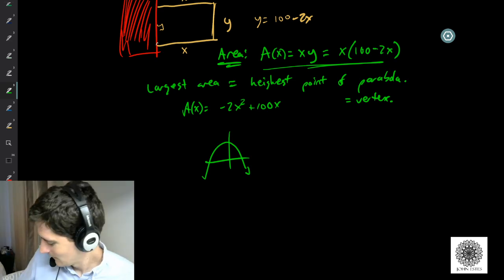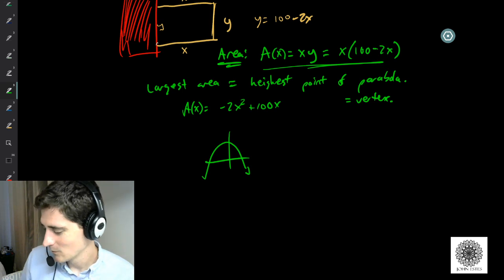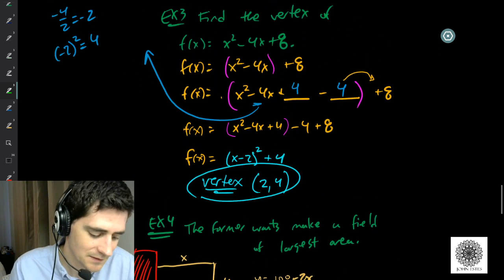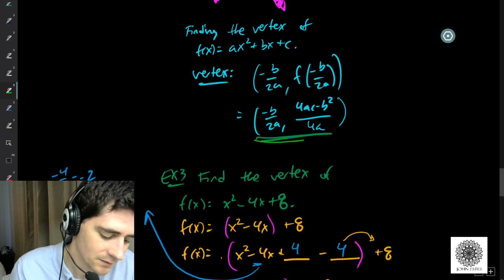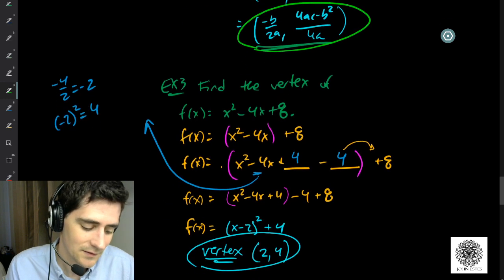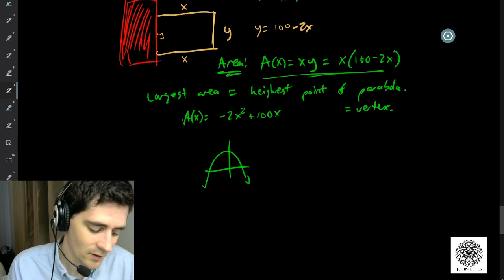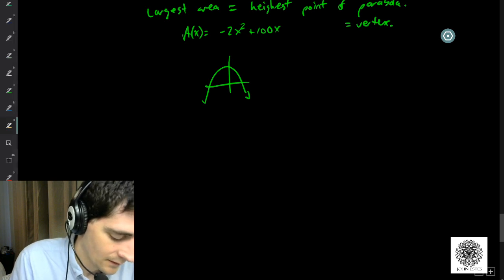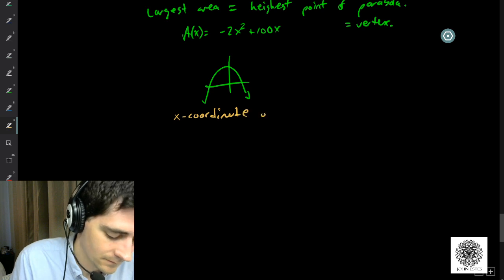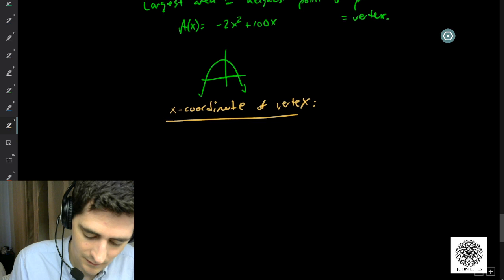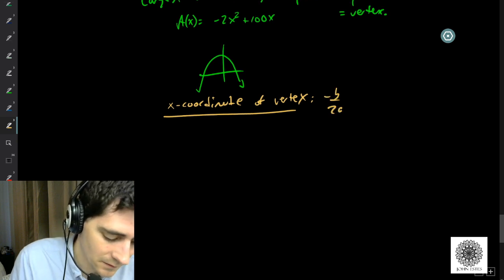Okay, great. Now, can we get it in vertex form? Well, in this case, for the sake of time, maybe we want to just use the formula negative b over 2a. That'll give me my x, and then I can plug that in to get my y. So the x-coordinate of the vertex, again, is negative b over 2a.